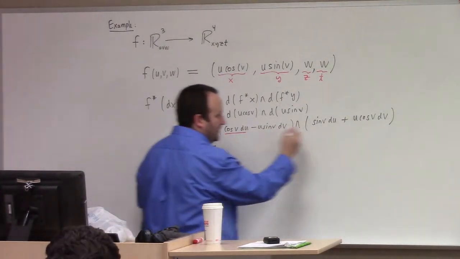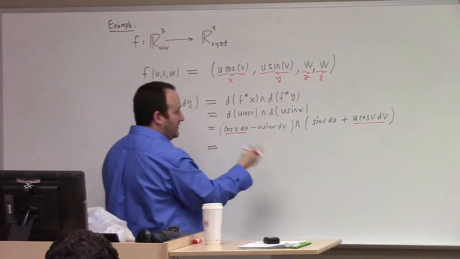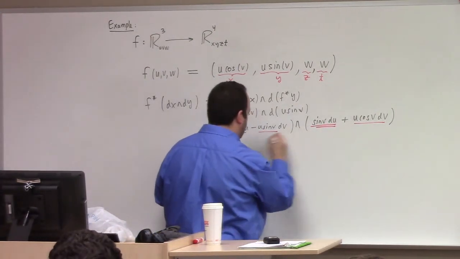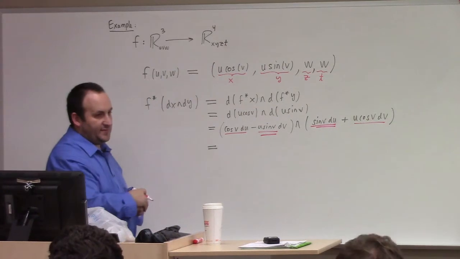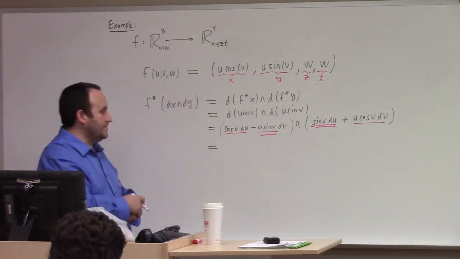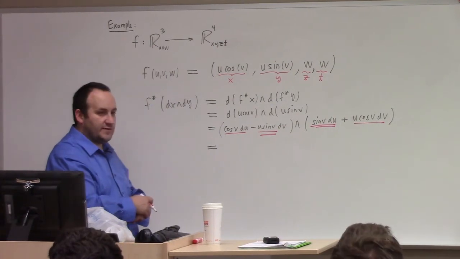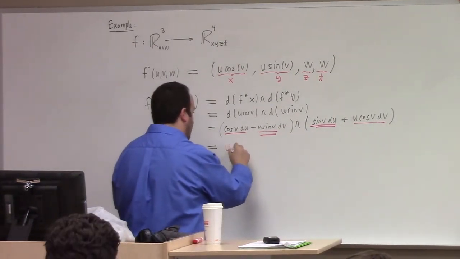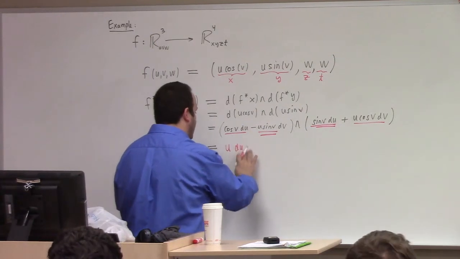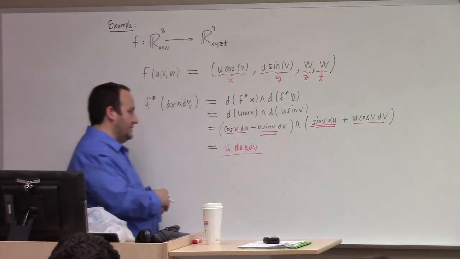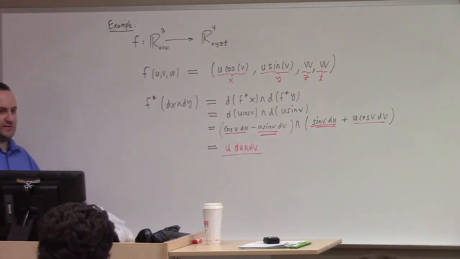So this guy and that guy give me a u cosine squared. This and this give me, after I anti-commute the wedges, minus u sine squared. So I get sine squared plus cosine squared. I just get a u du wedge dv. So there you go. That's the pullback of the dx wedge dy form.